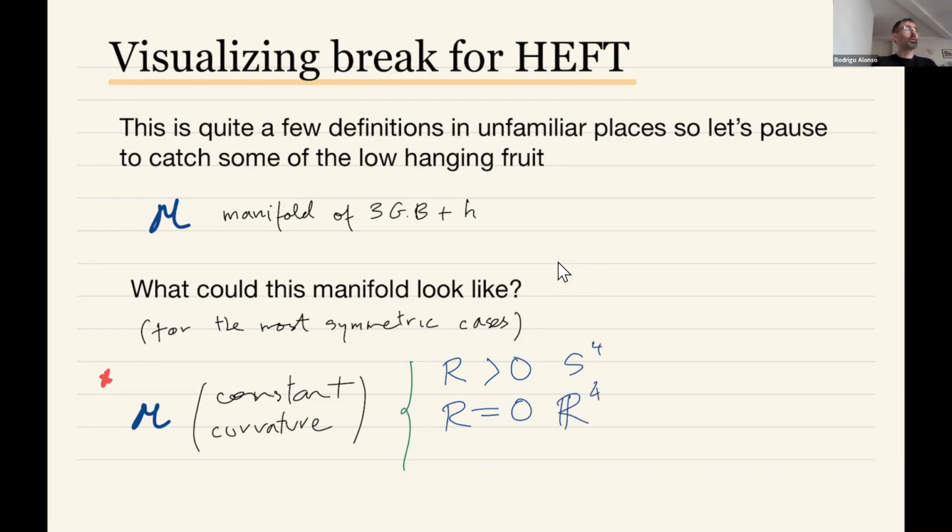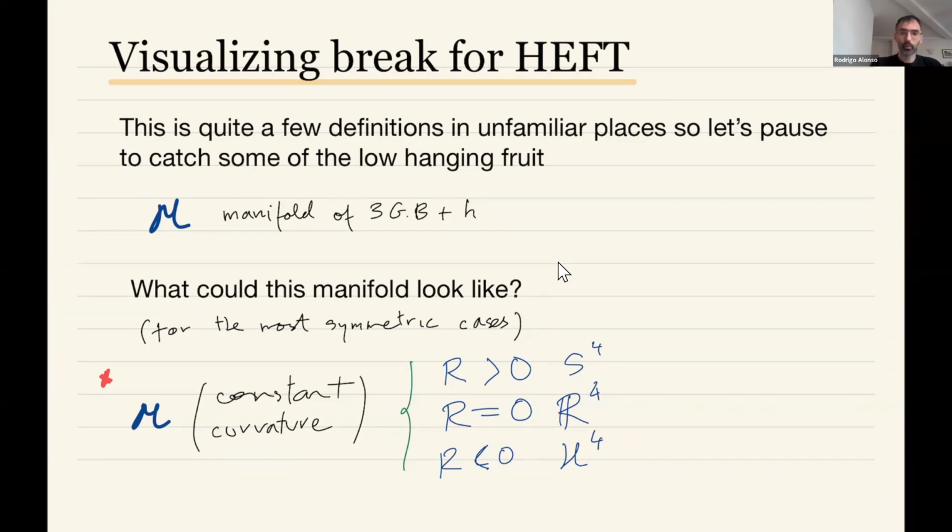Indeed. Or you could have the other sign for the curvature, and that will give us a hyperbolic space, which is somewhat related, as we'll see now, to something like Minkowski space in a sense.